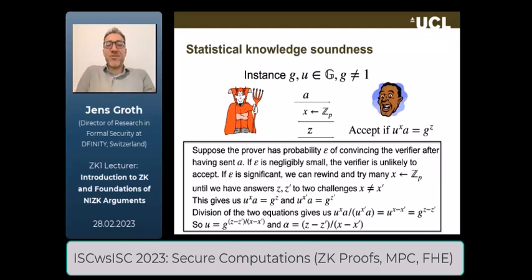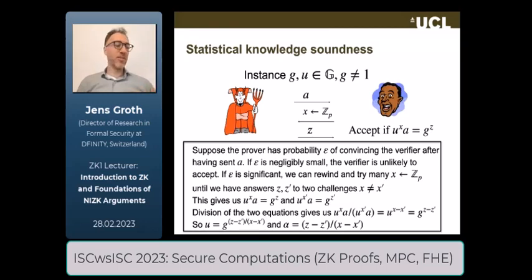Both X, which is uniformly random, and another uniformly random X prime, it should also be able to answer. And if the prover is able to answer multiple challenges, then we would be able to extract a witness from it.